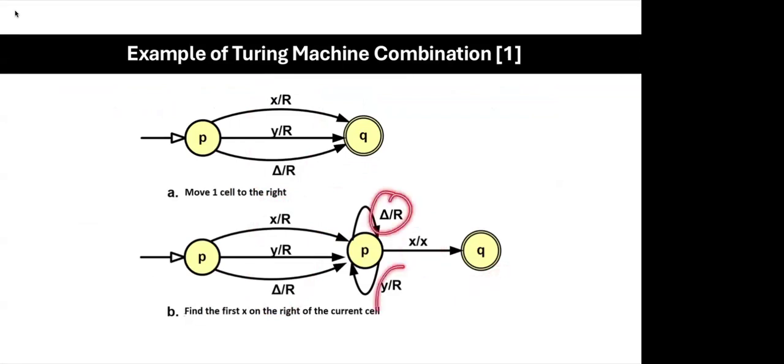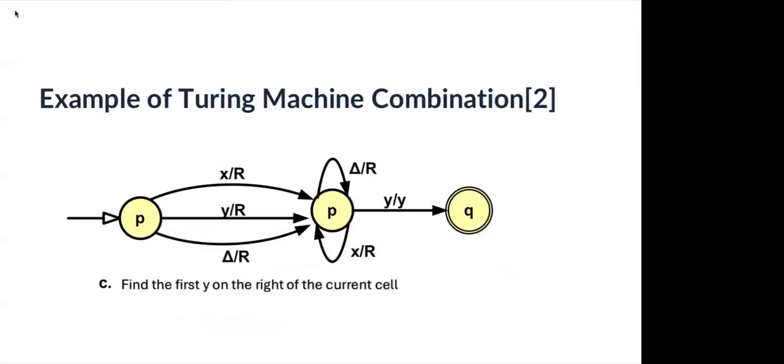Other than X, we still try to find the X. So it is find the first X on the right of the current cell. This one is to find the first Y on the right of the current cell. So from the current cell, we move one to the right, whatever we read, and we want to find Y before we stop.